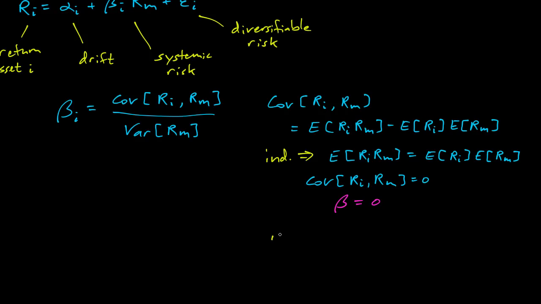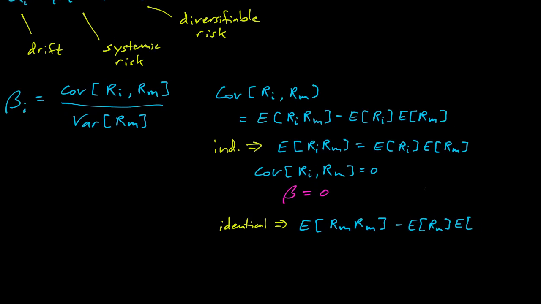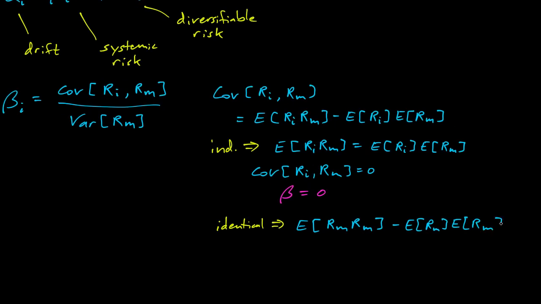What about if we have identical assets? If we're investing in the entire market with one asset somehow, what happens? Then we have the expected value of Rm times Rm minus the expected value of Rm times the expected value of Rm.